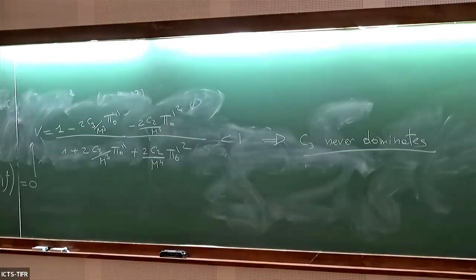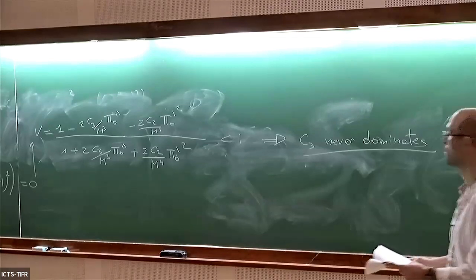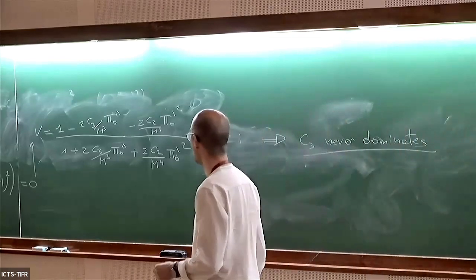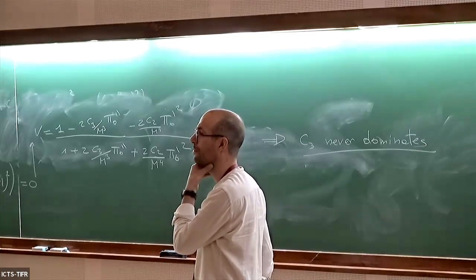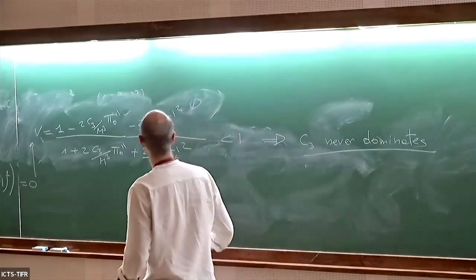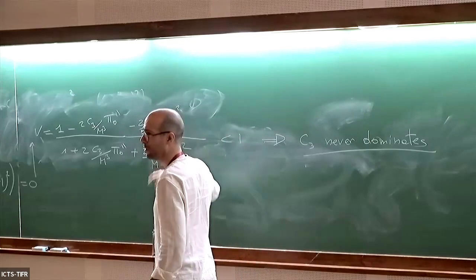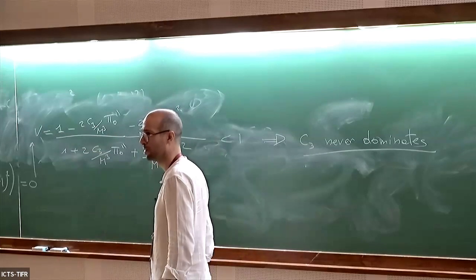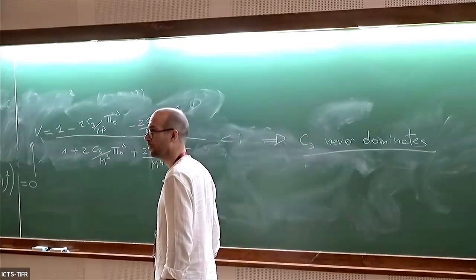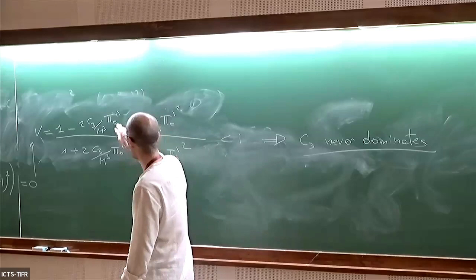Questions so far? Yes. Well, this is pi 0 prime squared. So if C2 is positive, as we established, it has to be. Yes. So let's neglect this.